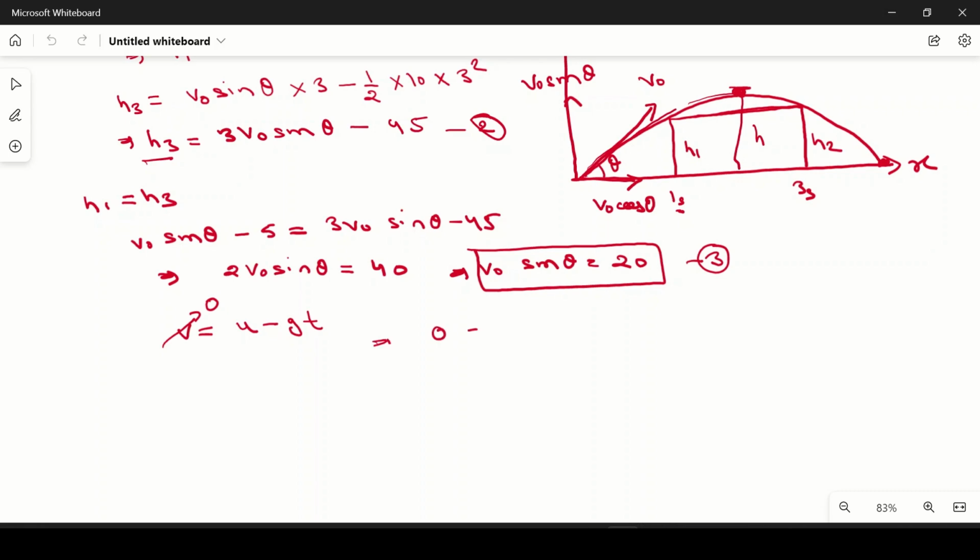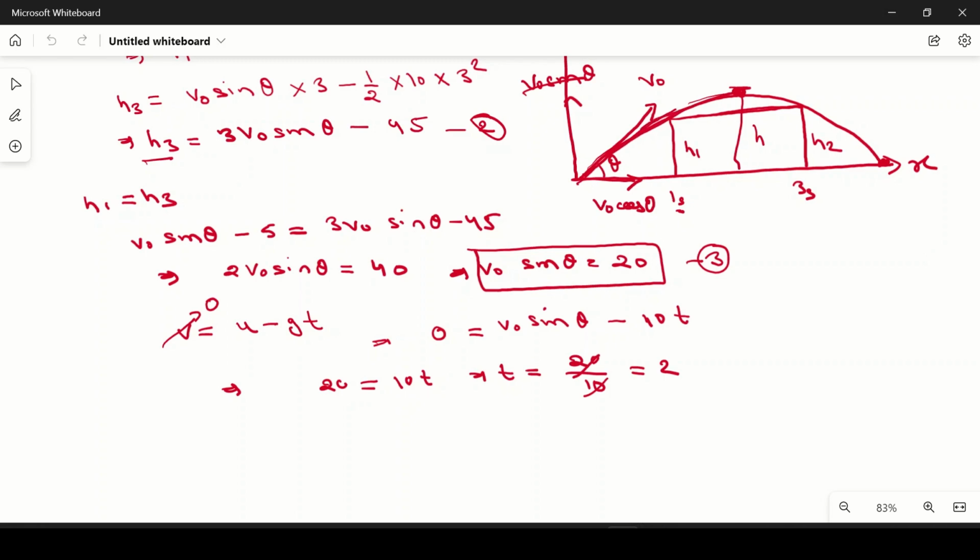So we will get 0 is equal to u, the initial velocity in the vertical direction, v naught sin theta, minus g, which is 10, into t. So we will get v naught sin theta, which is 20 from equation number 3, is equal to 10t. So t is equal to 20 by 10, which is 2 seconds. So 2 seconds is the time taken from here to here.